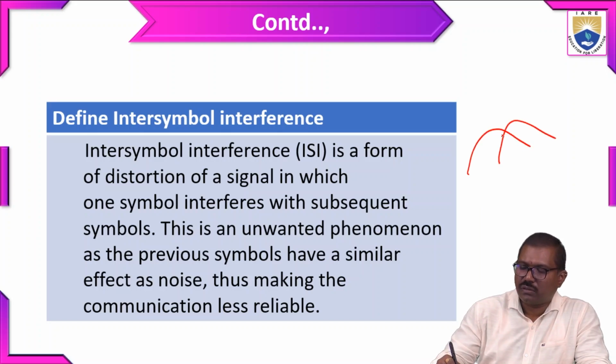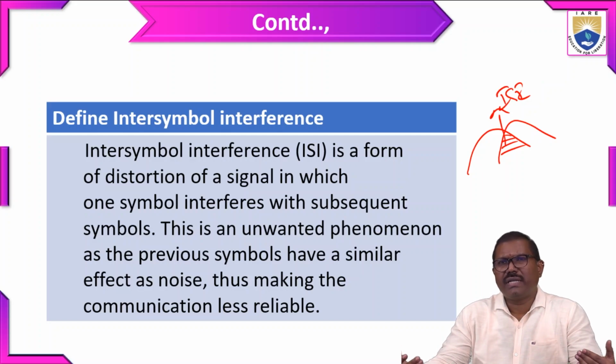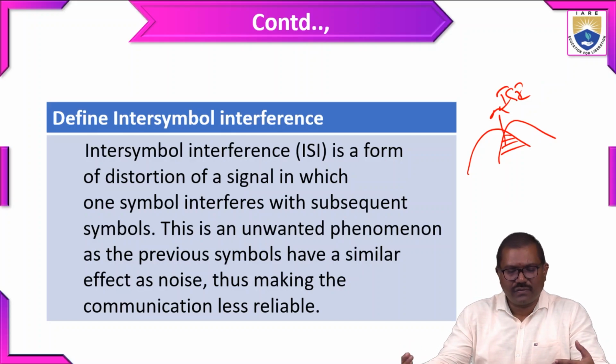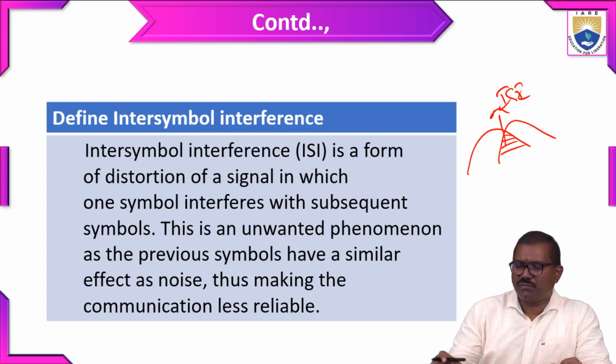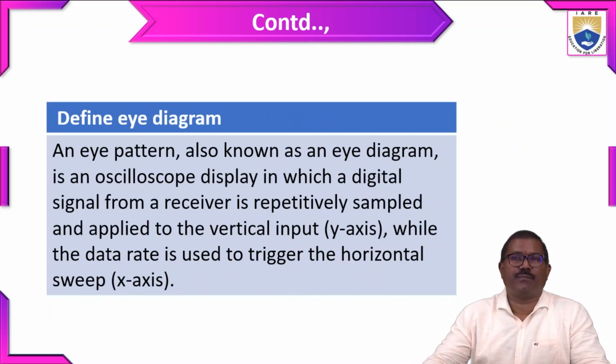So we call this ISI, inter-symbol interference. This is a symbol which interferes with the subsequent symbols.